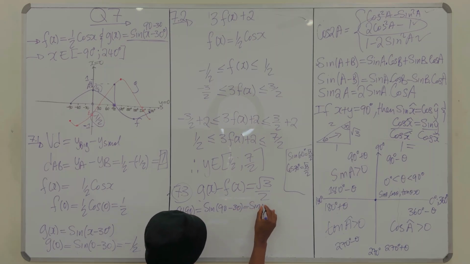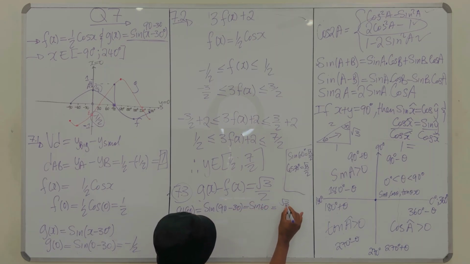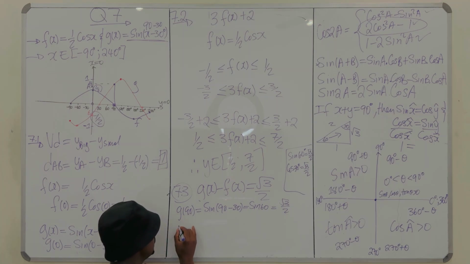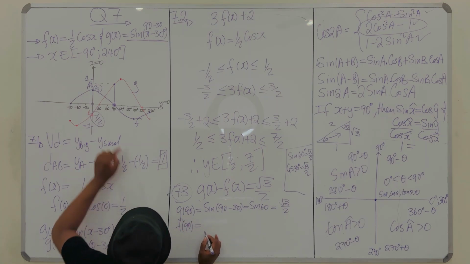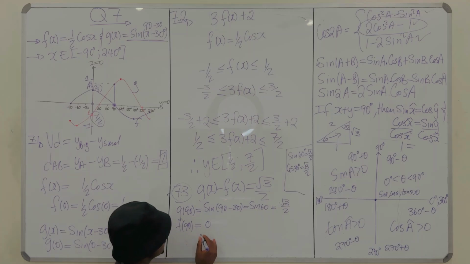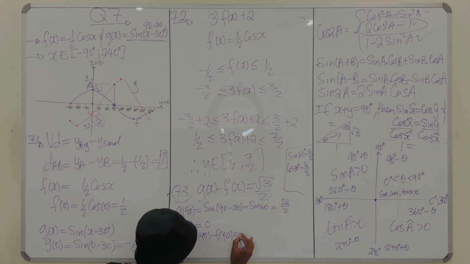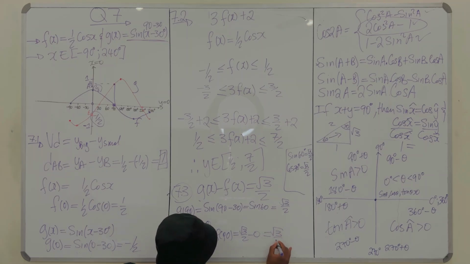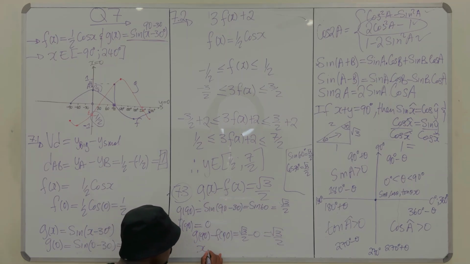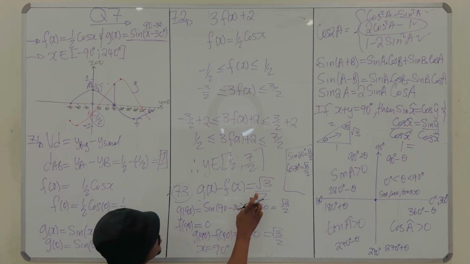So this is sine of 60 degrees, which we have expressed to be root 3 over 2. Now look at f of 90 degrees: you can see over here, f of 90 degrees is equal to 0. So your g of 90 degrees minus your f of 90 degrees is equal to root 3 over 2 minus 0, which is equal to root 3 over 2. Which means our x will have to be 90 degrees in order to get this difference, which is root 3 over 2.